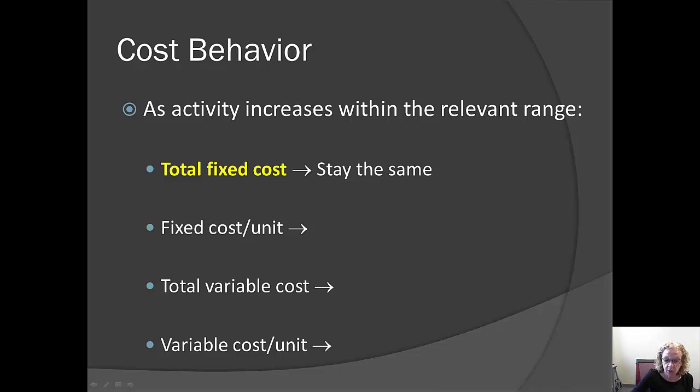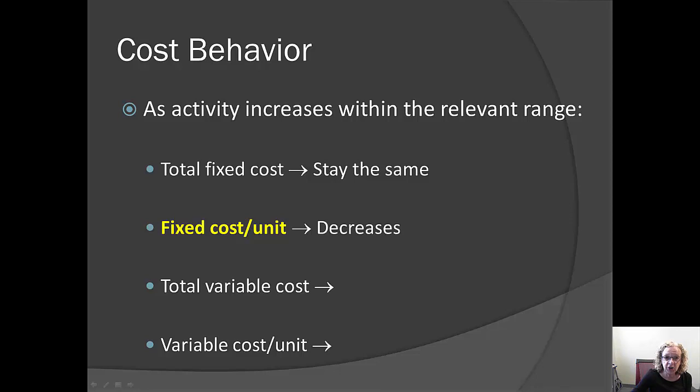This would include costs such as rent, depreciation, supervision, heating and air conditioning costs. However, that means that the fixed cost per unit is going to decrease as our activity level changes. In other words, as we make more units, these fixed costs will be spread out over more units. Because of that, each individual unit carries less fixed cost.